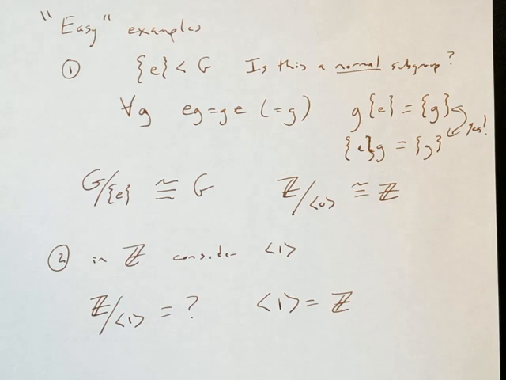I want you to take what's left over after you divide an integer by 1. 17 divided by 1 has a remainder of. 237 divided by 1 has a remainder of. Negative 32 divided by 1. Remainder is, damn it. How many cosets do I get?